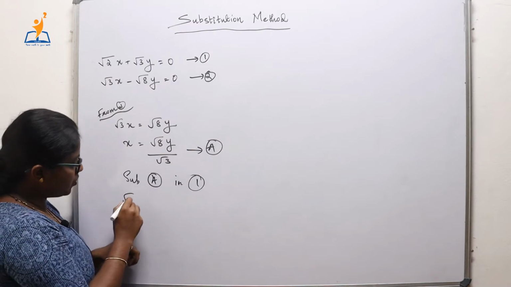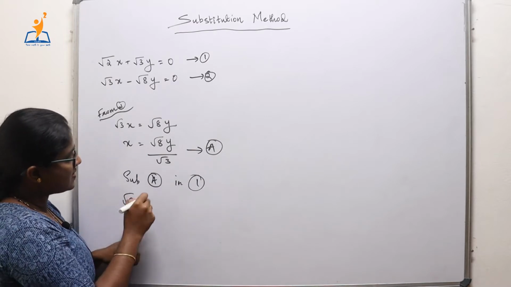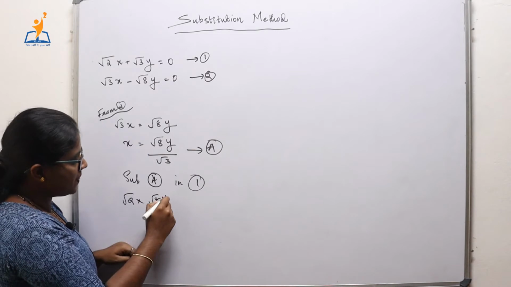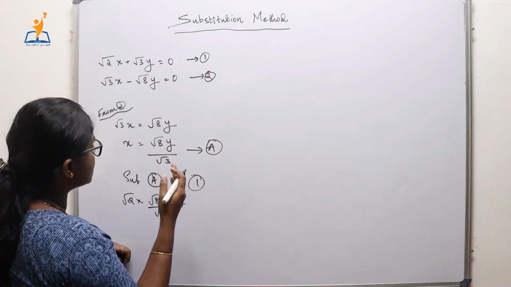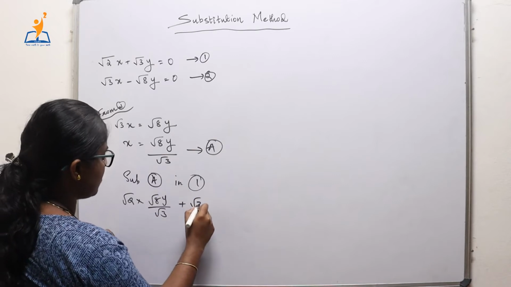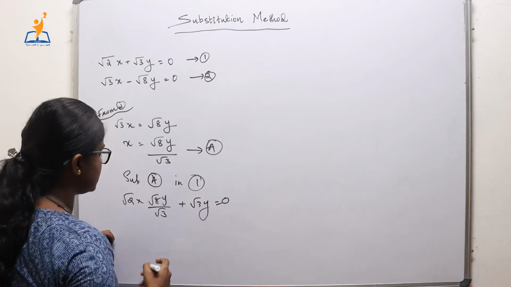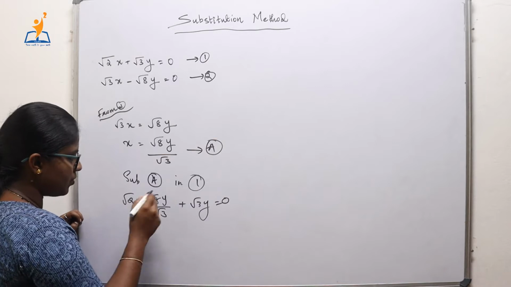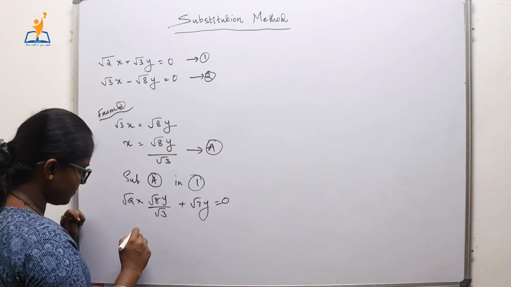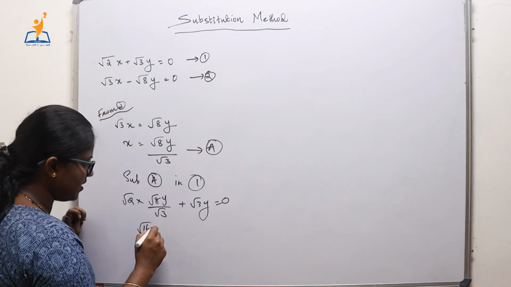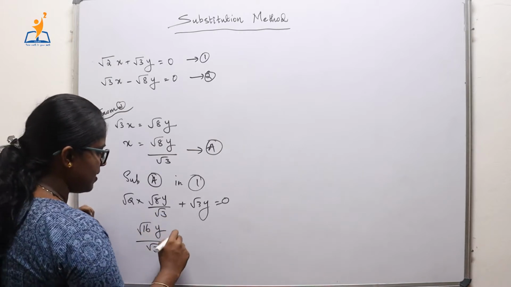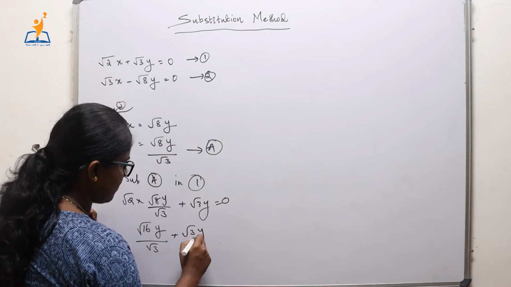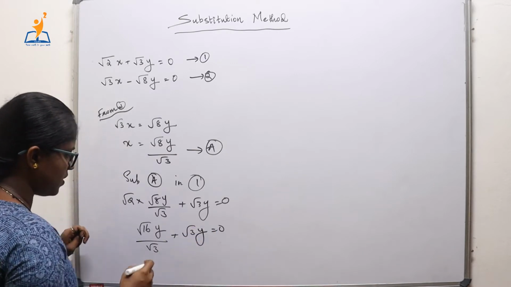Now root 2 x, that is x is root 8y divided by root 3, and plus root 3y equals to 0. Now we have root 2 into root 8 is nothing but root 16y divided by root 3 plus root 3y equals to 0.